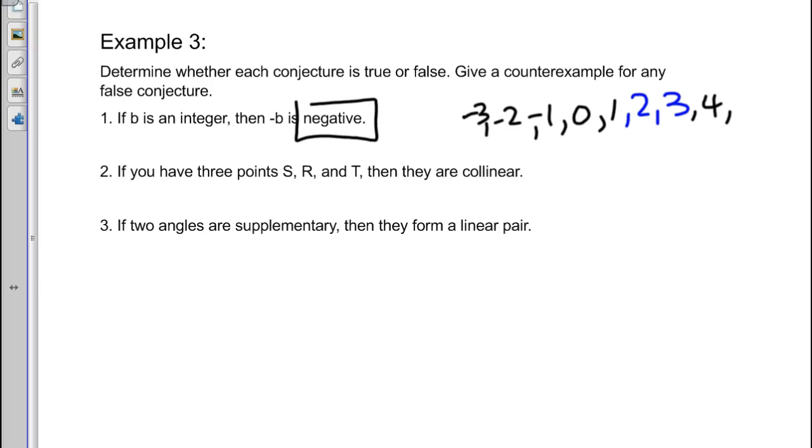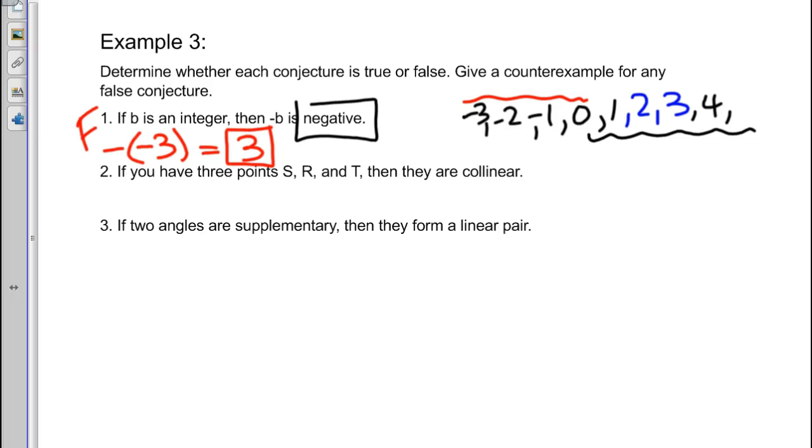Well, that's true as long as I'm here. It is not true, however, if I am here. There is no opposite of 0, and the opposite of negative 3 is positive 3. So there is my counterexample. This is false because I let b equal negative 3. When b is negative 3, or any negative number for that matter, this is false because it spits out a positive number.